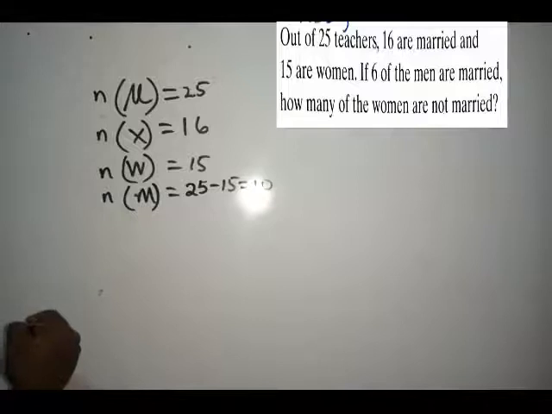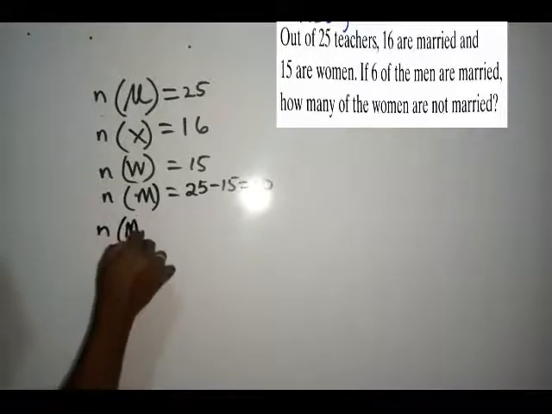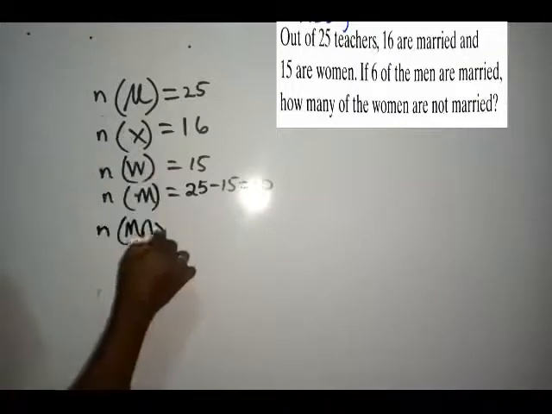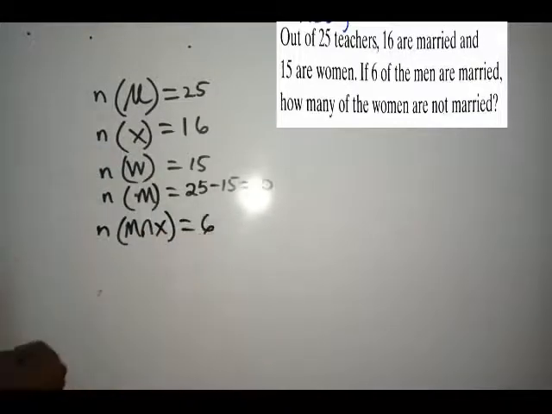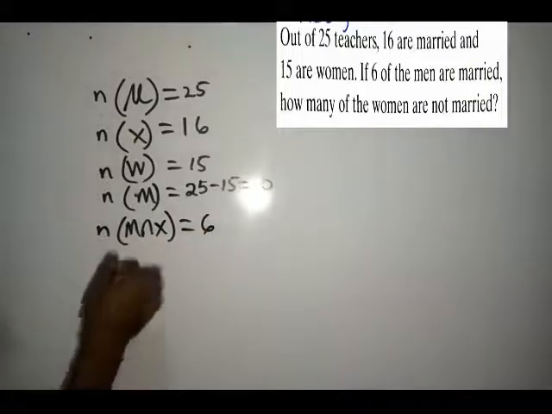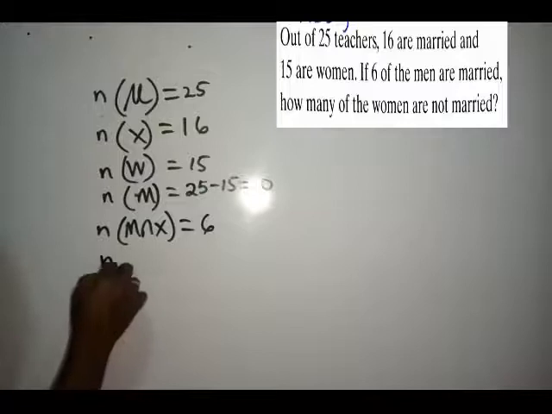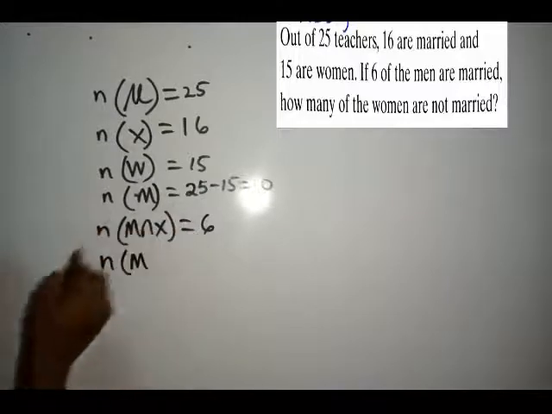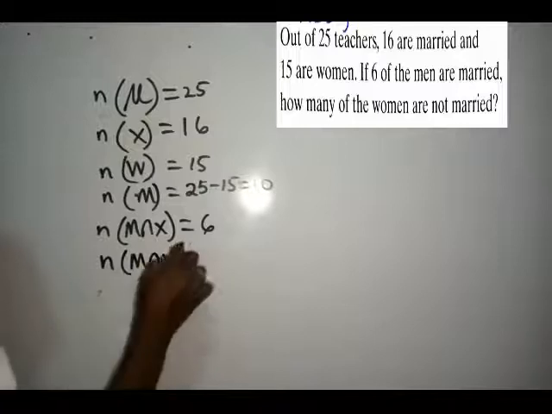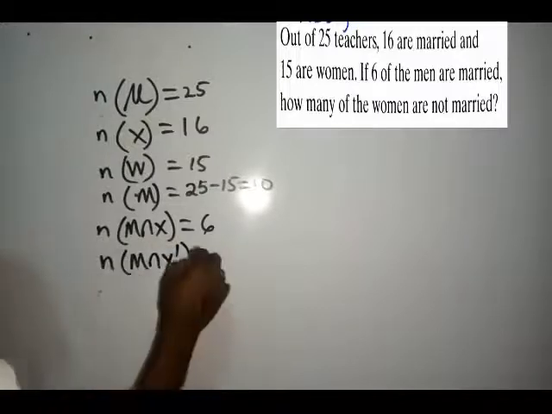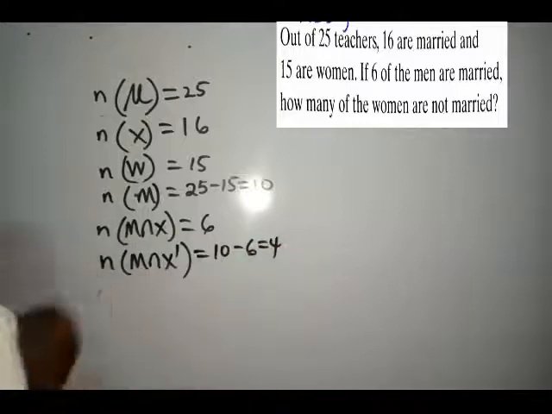If 6 of the men are married, number of men that are married, 6. Since we know the total number of the men and we know the number that are married, we can know the number that are not married by priming the married. Not married, that will be 10 minus 6 to give us 4.